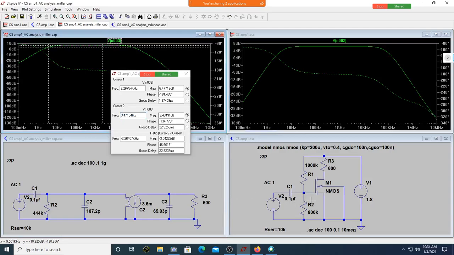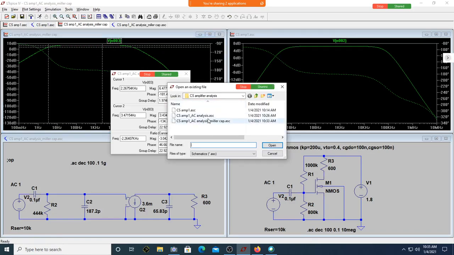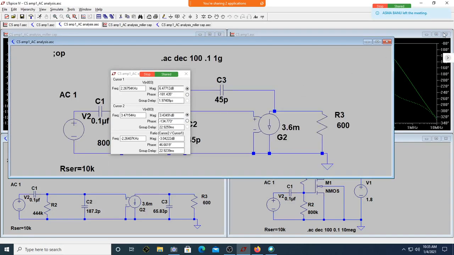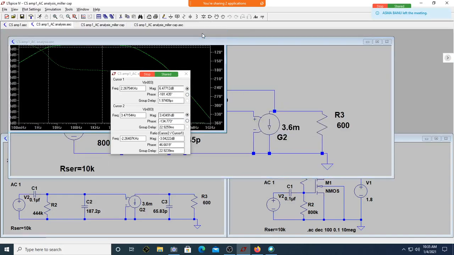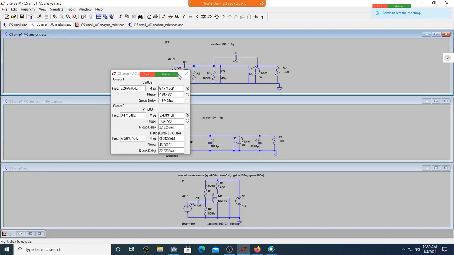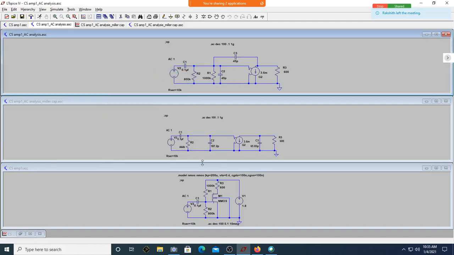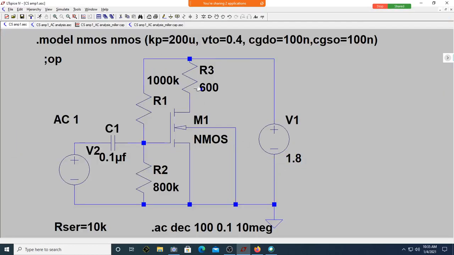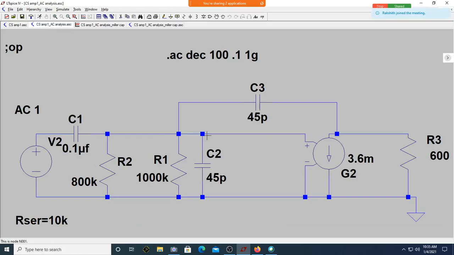What I mean to say is this circuit. Let me open the other one also. Now these are the circuits we consider. This is your actual circuit, and it can be represented by something like this. This is your equivalent circuit having CGDO, CGSO, R1, R2 in parallel.